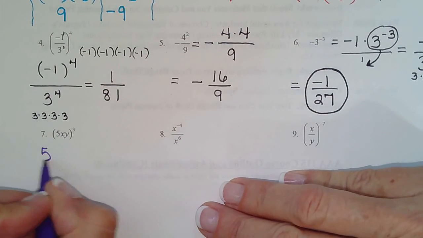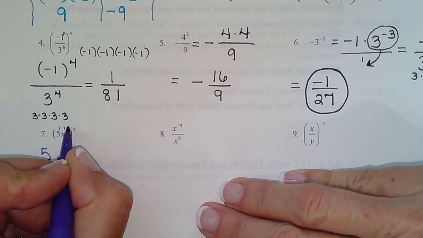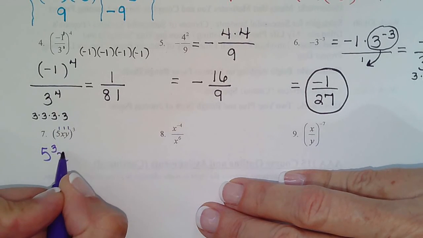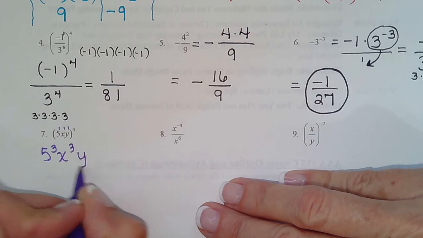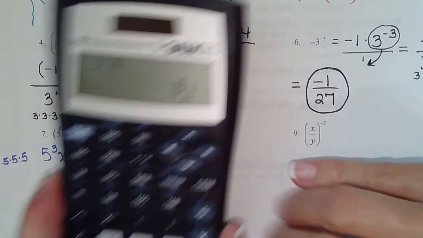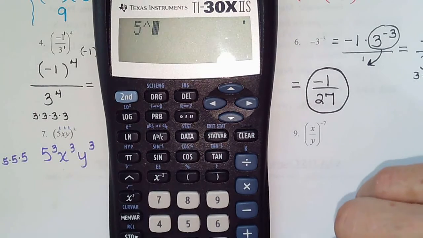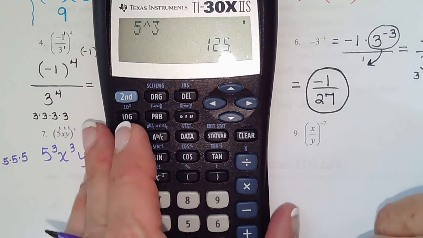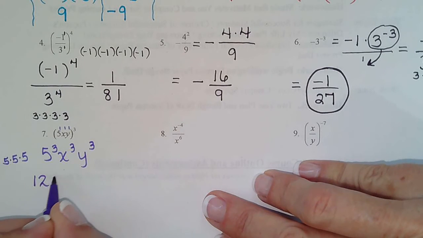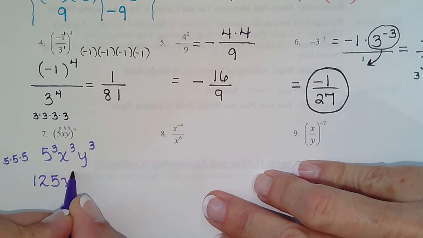So this would be, and these are all ones right now, 1 times 3, 1 times 3, 1 times 3, so 5 to the third, x to the third, y to the third. So 5 times 5 times 5 is 125, or you could do it on your calculator. Remember, 5 caret 3, and see it's 125. So this answer, you should have 125 x cubed y cubed.